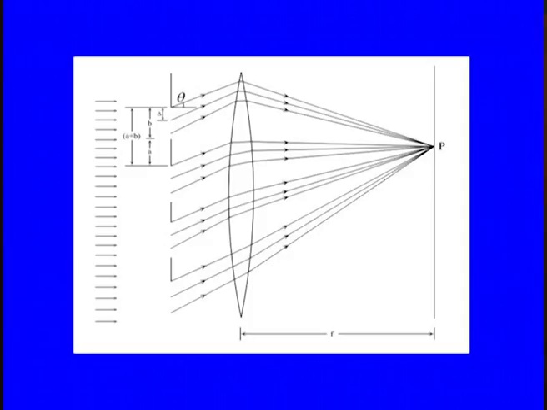If capital A is the resultant amplitude of light from a single slit along the normal to the plane of the slits, then the resulting amplitude in a direction making an angle theta with the normal will be A sin beta by beta, where beta is equal to pi by lambda b sin theta.